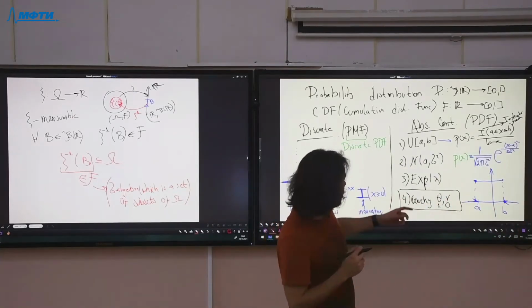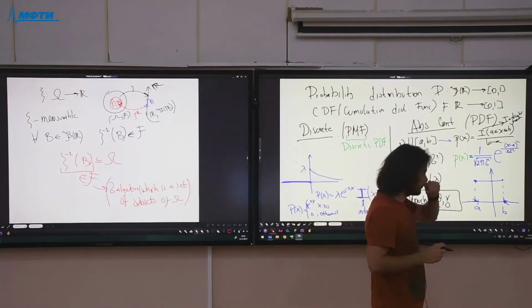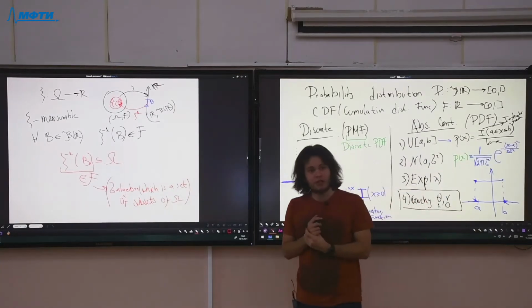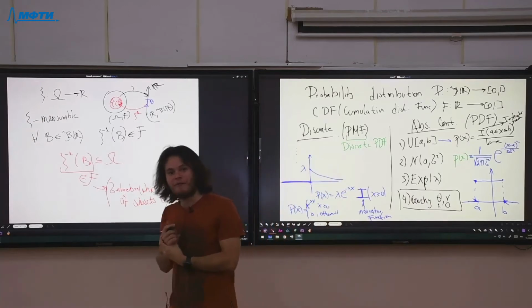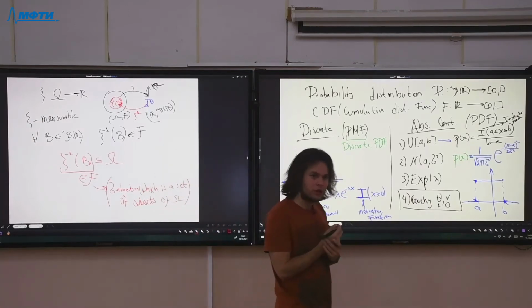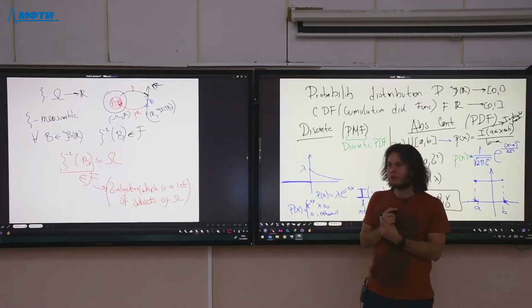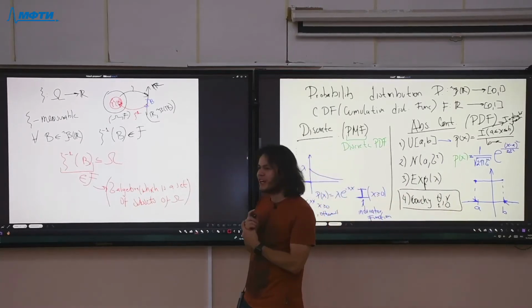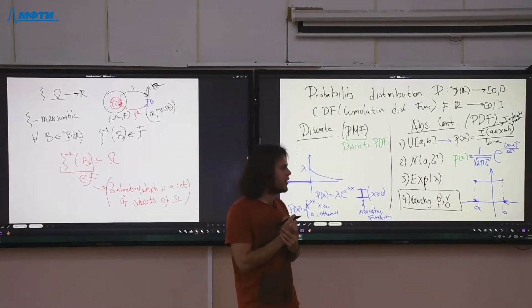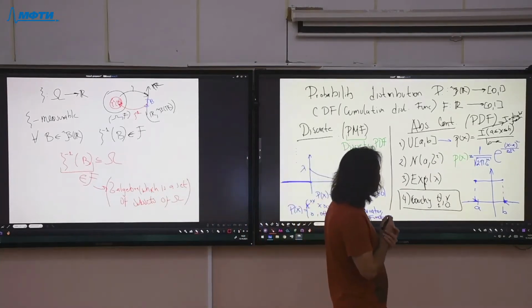In the case of the absolutely continuous distribution, not every function is measurable. So it means that not every function is a random variable. For a function to be an absolutely continuous random variable, it needs to be measurable.